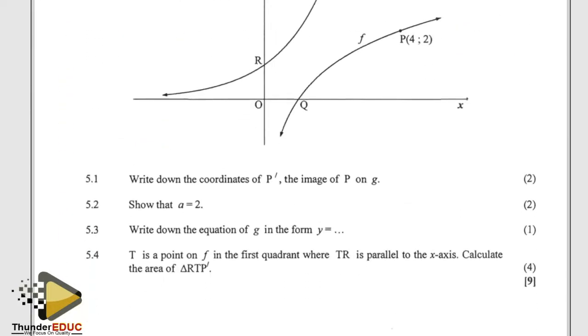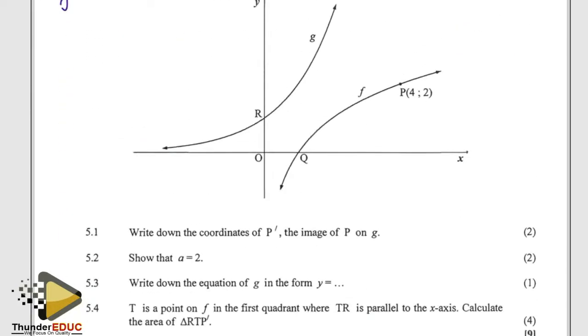So if we have a point somewhere here, maybe somewhere here, or it can even be below, no problem. If that is our P prime, since we're talking about inverses, we're just switching points. What was x becomes y, what was y becomes x. So the coordinates of P prime are going to be 2 and 4.